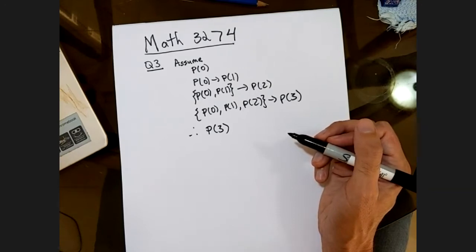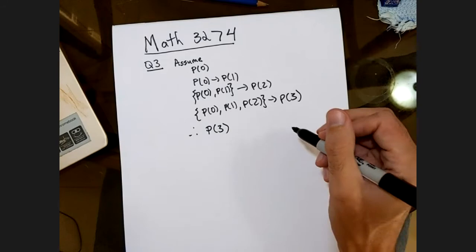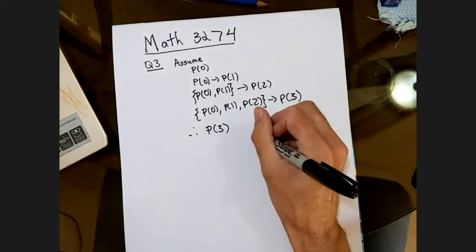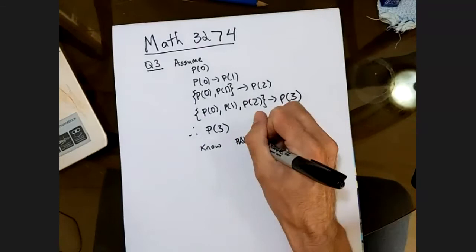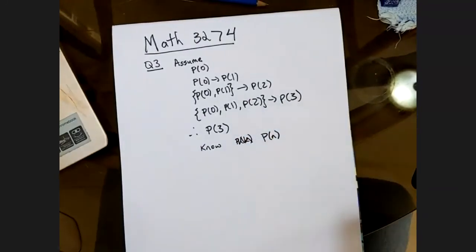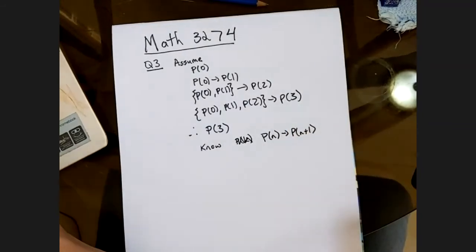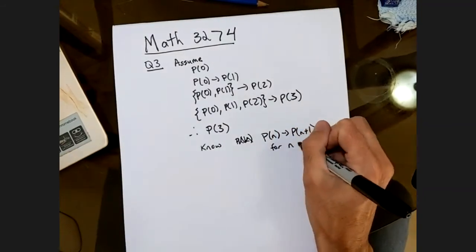Yes, you have to use strong induction, but there's a trick to it because you only know that P of n implies P of n plus 1 for n less than k.